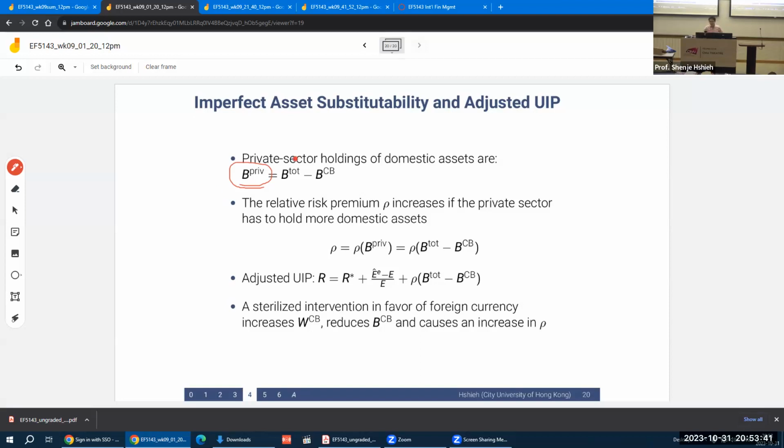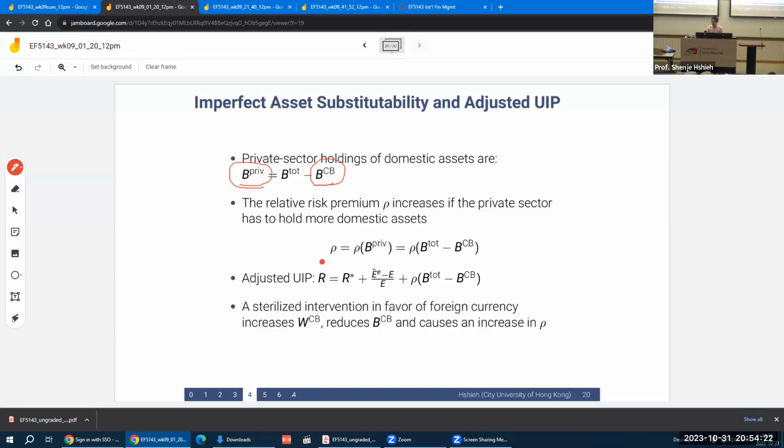So that's the idea. B priv can be decomposed into two parts. Private holdings can be defined as the total issuance of bonds, subtracting what's being held by the central bank. Now it's clear what parameter the central bank can change, and if they change that parameter, they're going to change B priv. So if rho is a function of B priv, it can be written as rho as a function of B total minus B CB, which represents domestic bond holdings of the central bank.